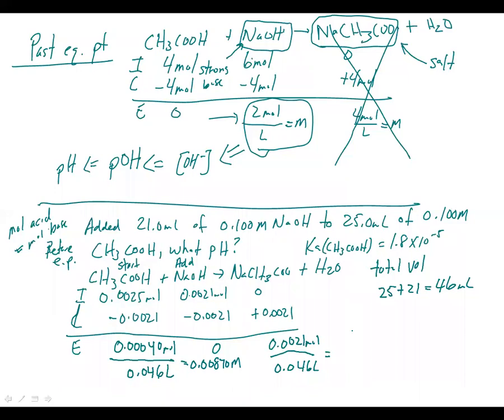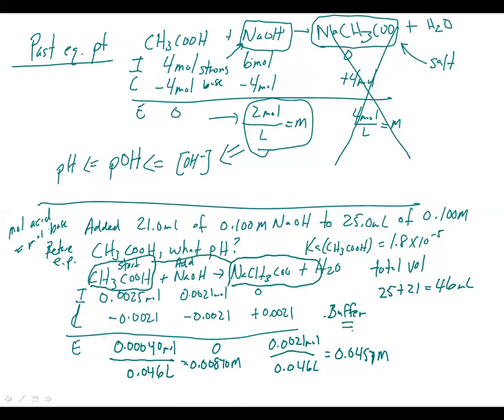And again, if you're not sure what you've got going on at this point, you can use your table here. We have acetic acid. We also have a little bit of sodium acetate. And both of these together make a buffer.